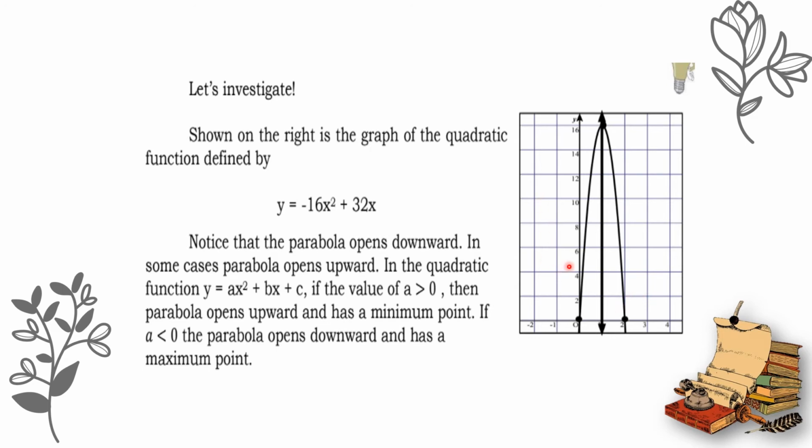So, in the quadratic function y is equal to ax squared plus bx plus c, if the value of a is greater than 0, then the parabola opens upward and has a minimum point. If a is less than 0, the parabola opens downward and has a maximum value.